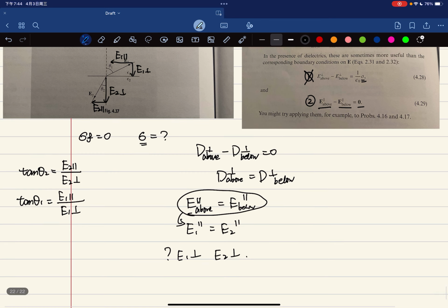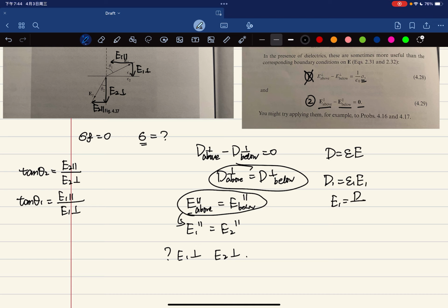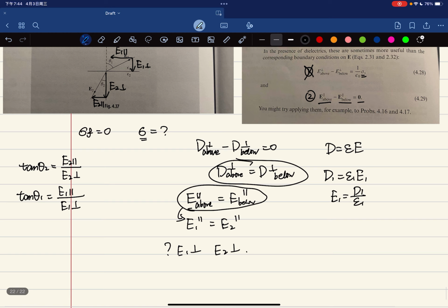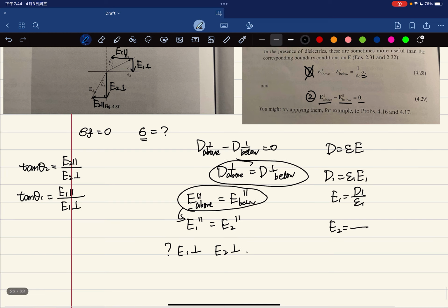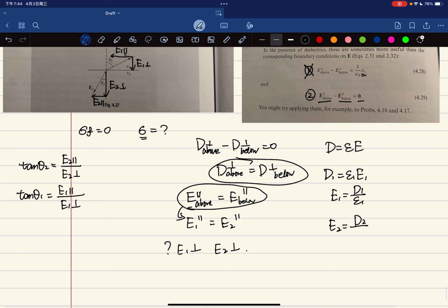But luckily, we know them. We know the relationship D is equal to epsilon E. So D1 equals epsilon 1 E1, so E1 is equal to D1 divided by epsilon 1. By the same idea, E2 is equal to D2 divided by epsilon 2.